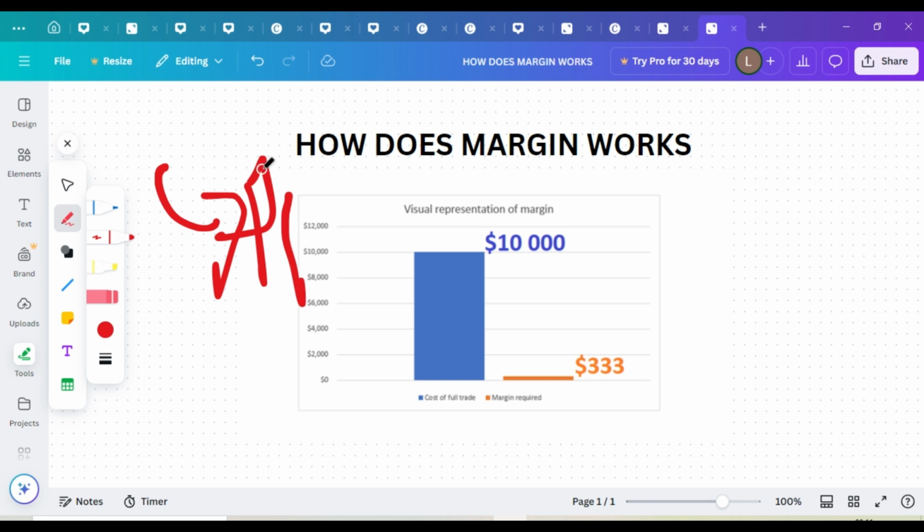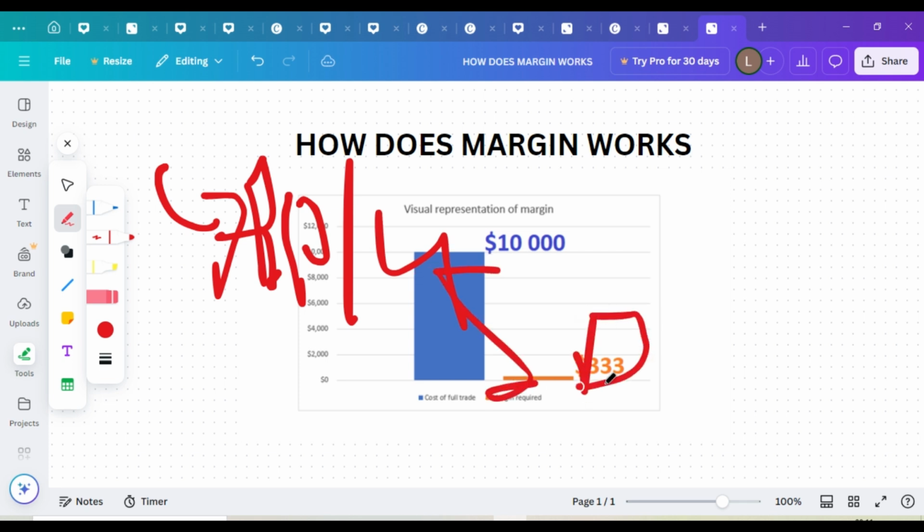Right. Your account balance is $10,000 and you want to trade. You saw a pair which is GBP/USD.